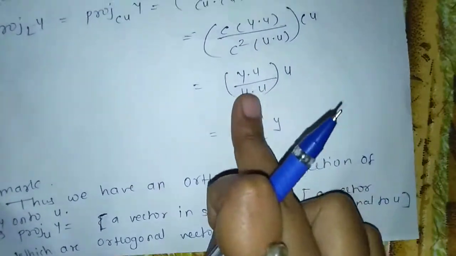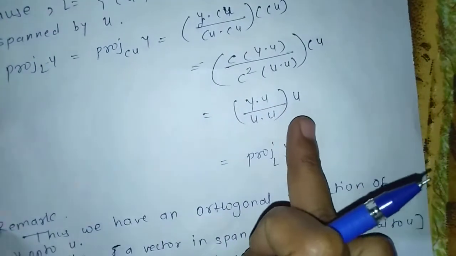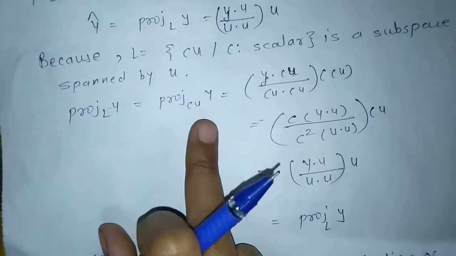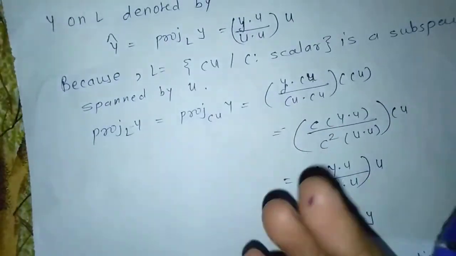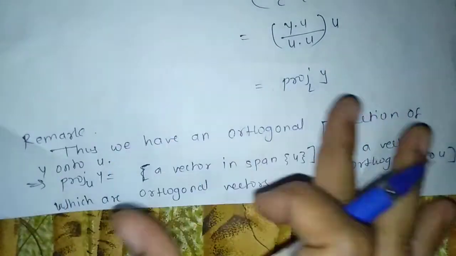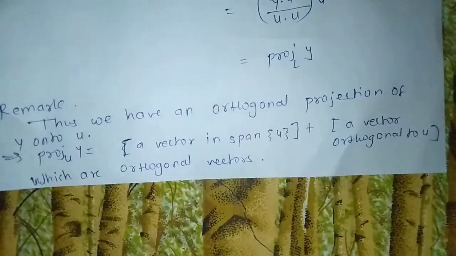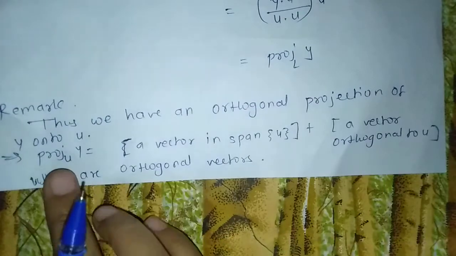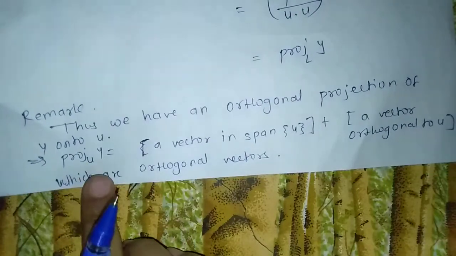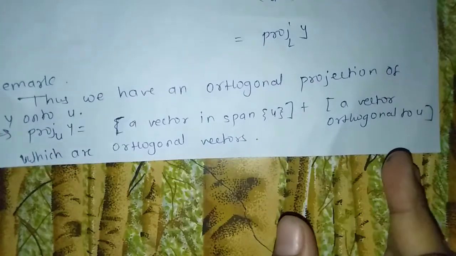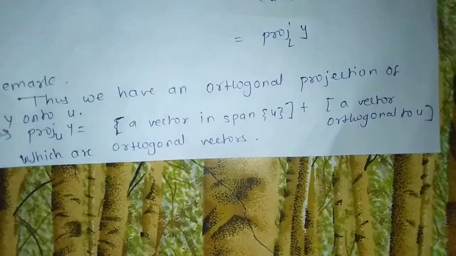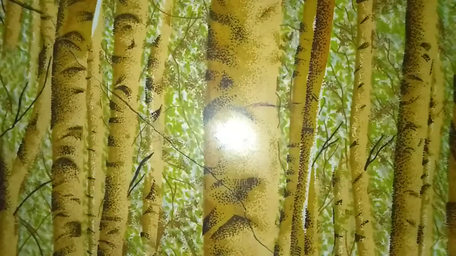It is the same for the projection of y on Cu. So the projection of y on L is the same as the projection of y on Cu. Remark: thus the orthogonal projection of y onto u is a vector in span u, plus a vector orthogonal to u, which are orthogonal vectors.